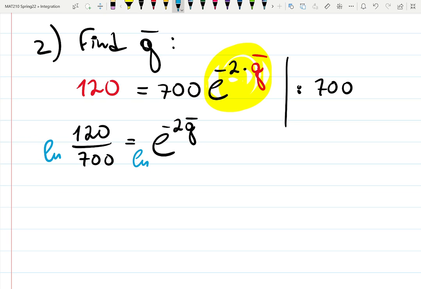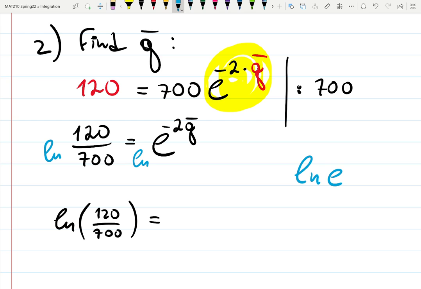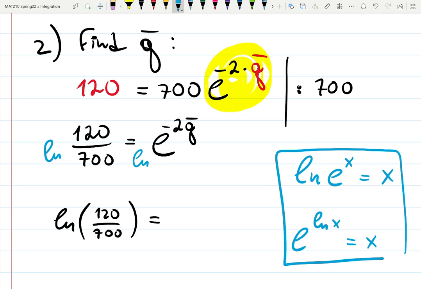ln on both sides. We will have ln of 120 over 700, which we could simplify, equals, and now remember, ln e to the x is x, as well as e to the ln x is x. That is because logarithmic and exponential functions are inverse to each other. Thus, I will have this piece left, minus 2q bar.